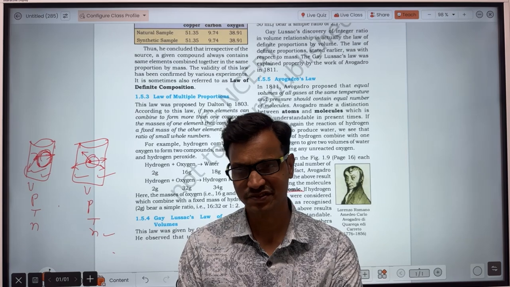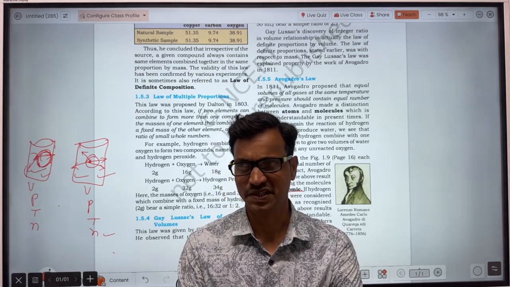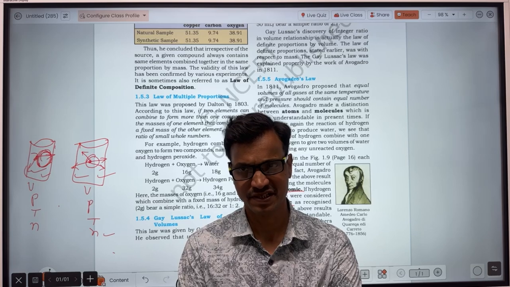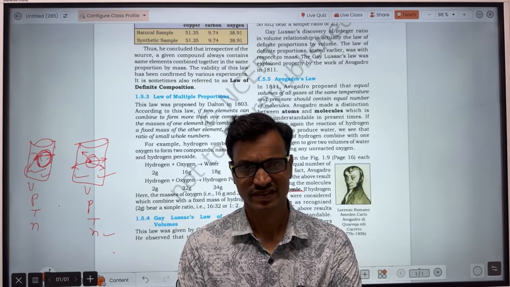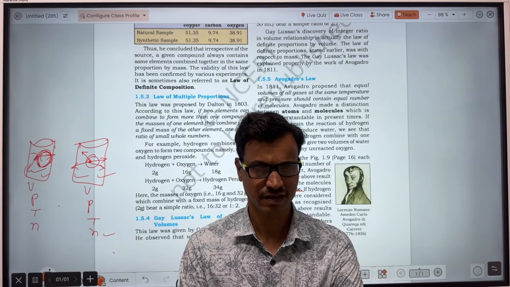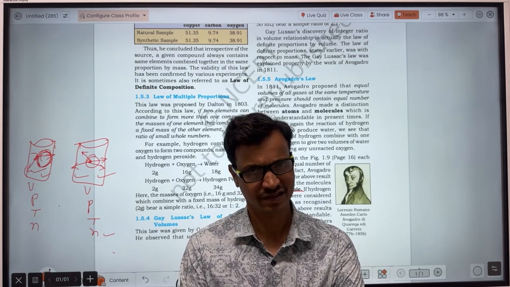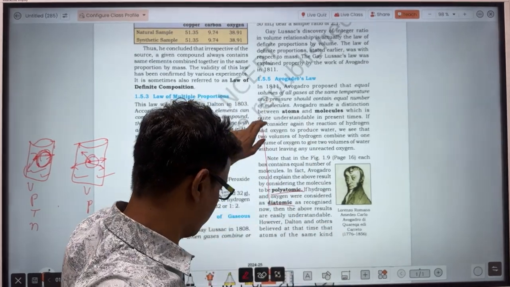If the conditions of temperature and pressure are the same and the volume of the two gases is the same, then the number of particles, that means the number of molecules of both the gases, will be equal. That is called Avogadro's law.